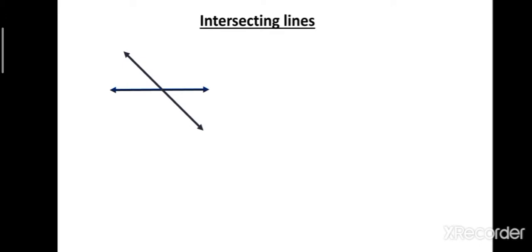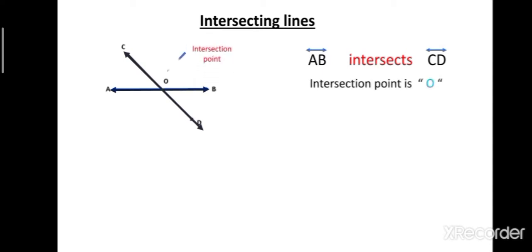Let's make this clear. Here we have two straight lines, AB straight line and CD straight line. We can say that AB straight line intersects with CD straight line, and they intersect at point O. So point O is the intersection point of them. What is the meaning of intersection point?